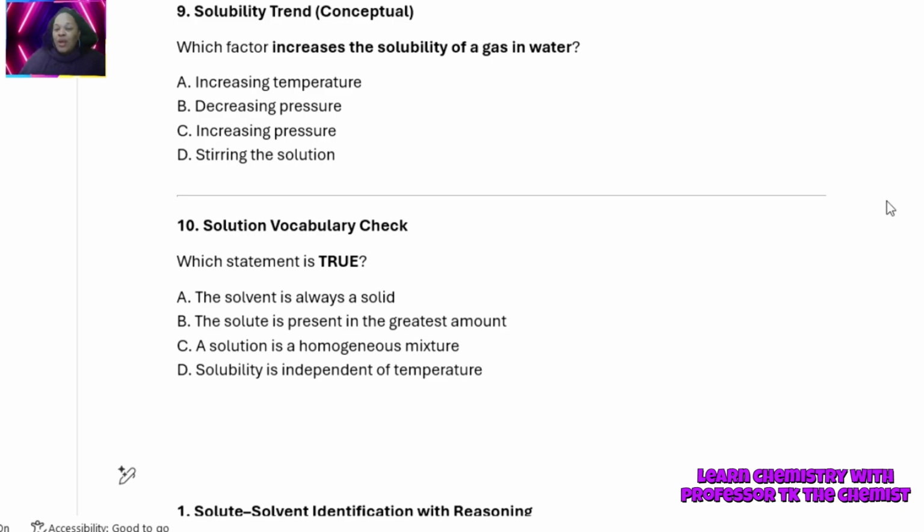If the pressure goes up, the solubility goes up. If the pressure goes down, the solubility goes down. If the temperature goes up, the solubility decreases. Okay, good. You got it.